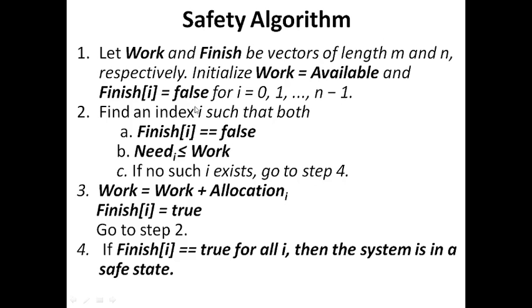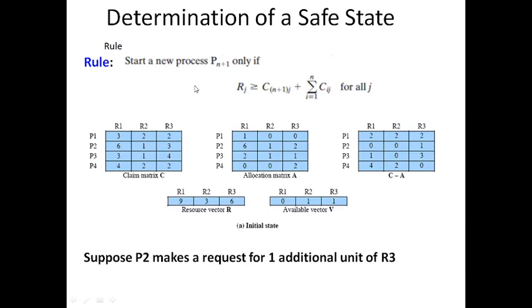So this algorithm will try to complete all the processes. If finish of i equals true for all processes, it means that we are able to determine that all the processes can be completed even with the available resources after the allocation of the request. So the system is in a safe state. Now we are going to take an actual problem.